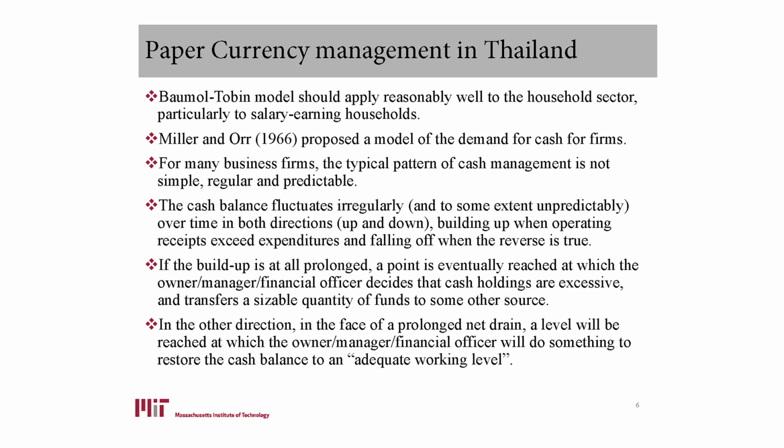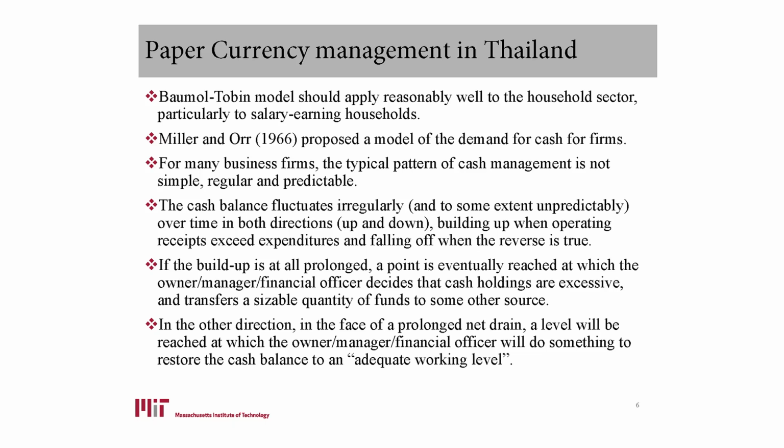Okay, so now back to paper currency management. I say paper currency just to constantly remind myself that cash is kind of ambiguous. When you talk about cash in the US, you mean currency, but also demand deposits and maybe even debit cards. But in Thailand, it's paper currency. They love it. That's what they use. More on that momentarily.